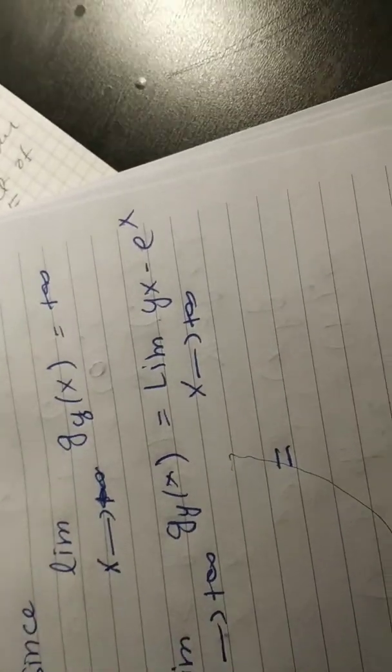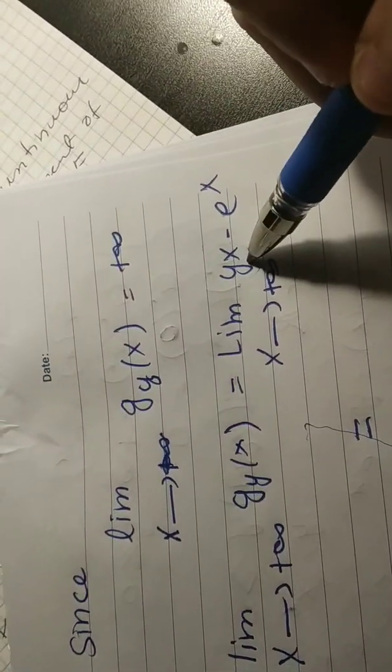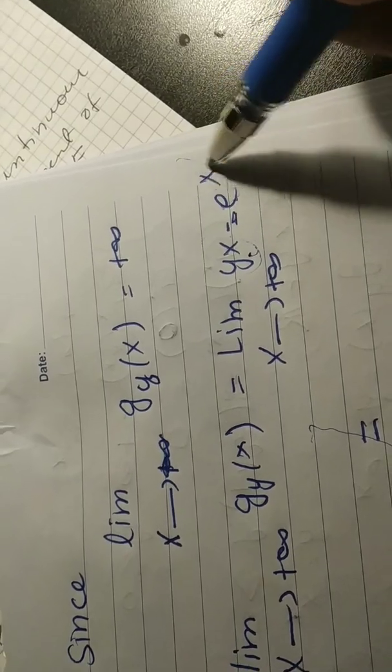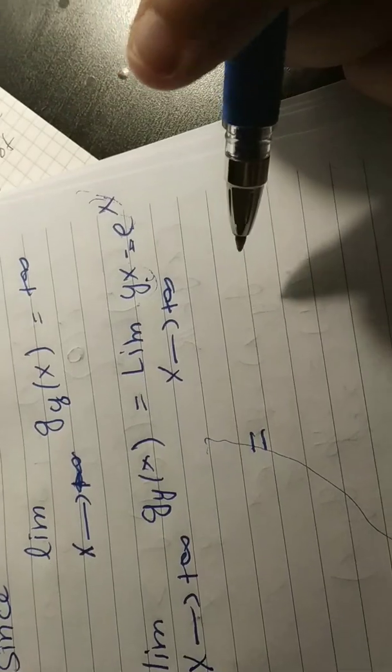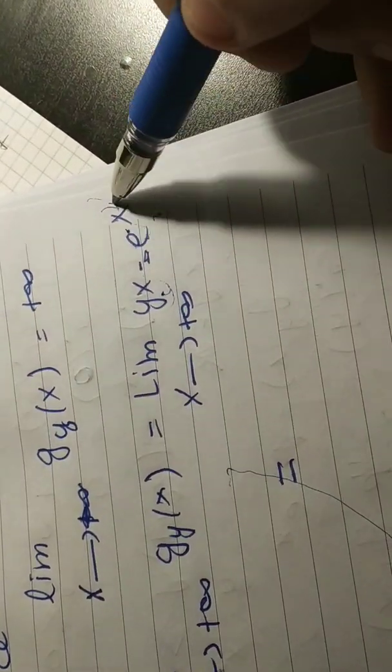When we take here plus infinity and minus e to the power plus infinity, what happens? Then the answer will be e to the power plus infinity.